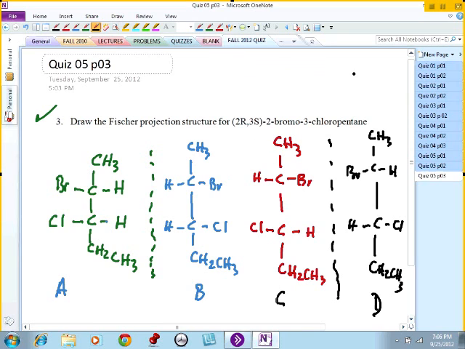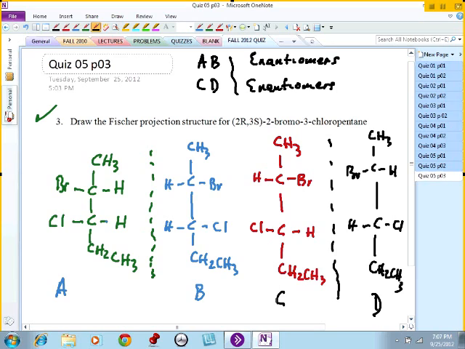What is the relationship between molecule C and molecule D? They are enantiomers. So A and B, and C and D, these are enantiomers.